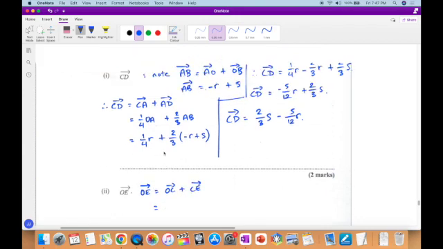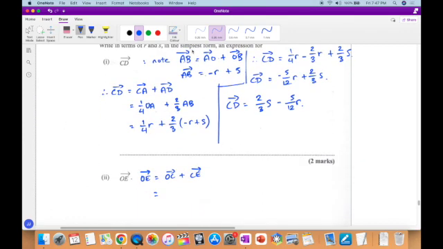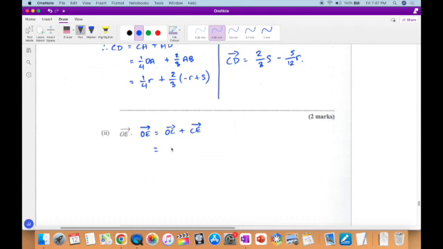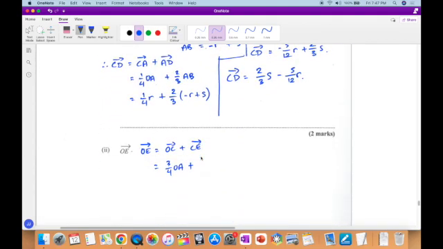Remember, OC is 3/4 OA. So OC is 3/4 OA plus CE is a half CD, because E is the midpoint.